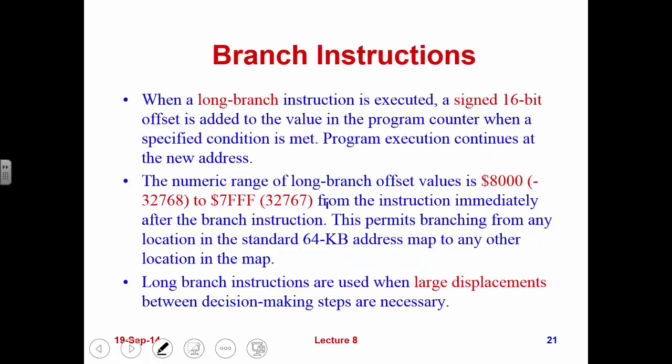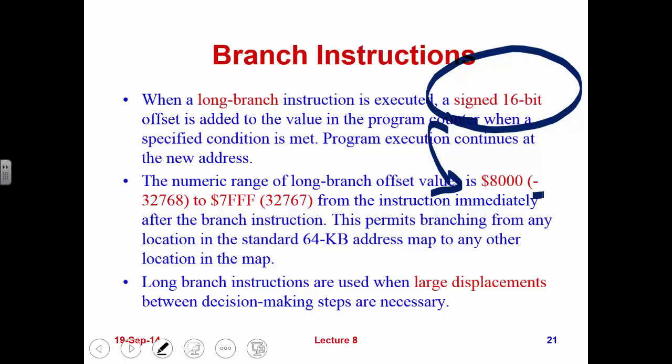That's quite close. In comparison, for a long branch the offset value is 16 bits. In this case, that means you can branch much farther away. When we convert to decimal, it ranges from negative 32,768 to positive 32,767.